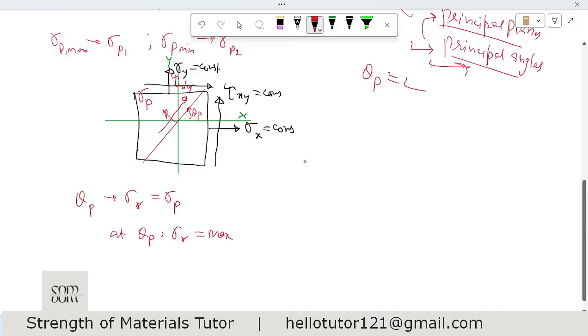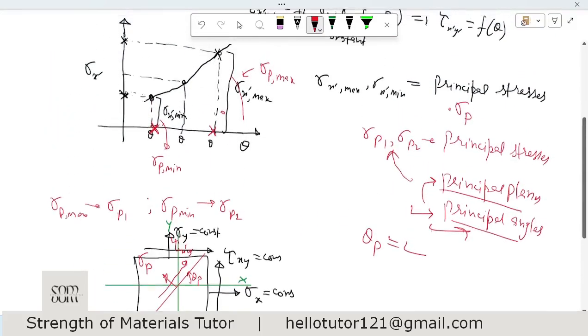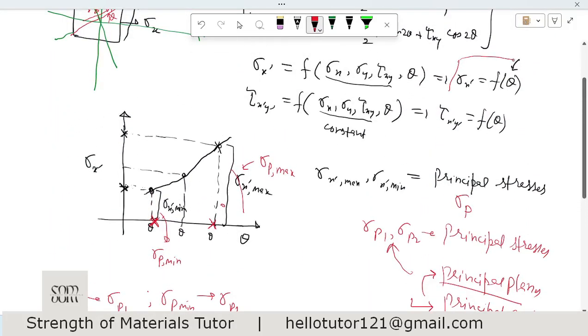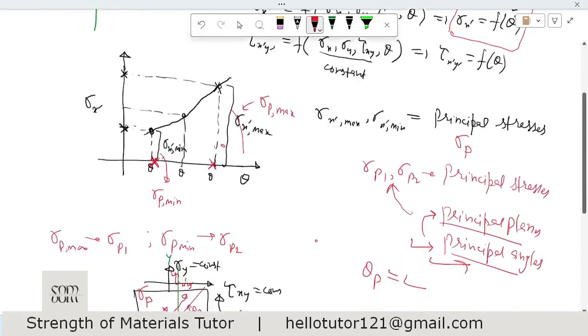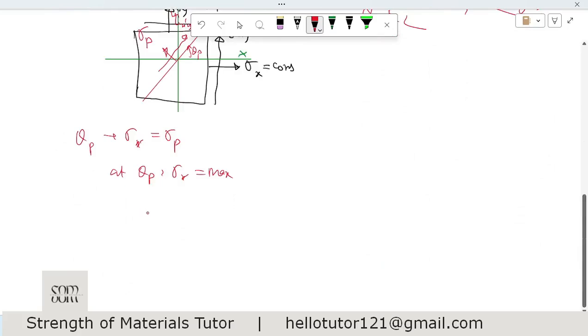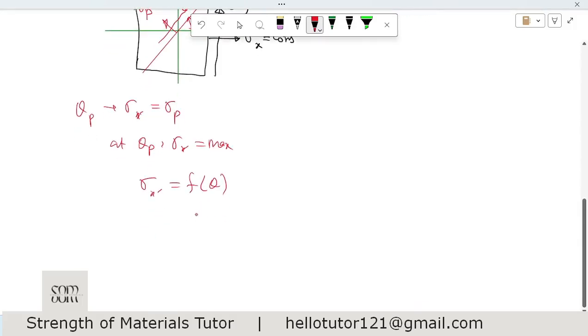But we see here sigma x prime is a function of theta only if we keep these things constant. So sigma x prime is a function of theta, and if we put here theta p, we are going to get sigma p. Now it is the maximum stress.